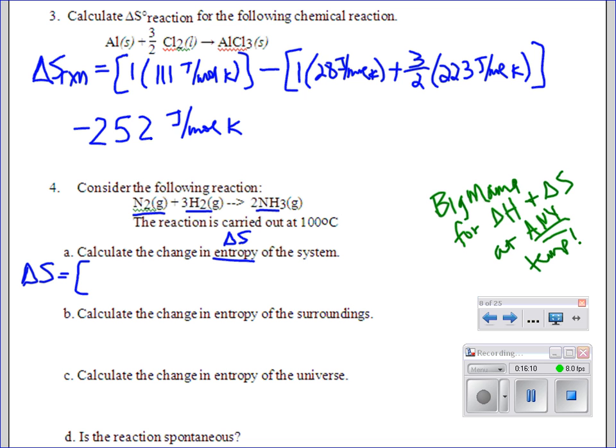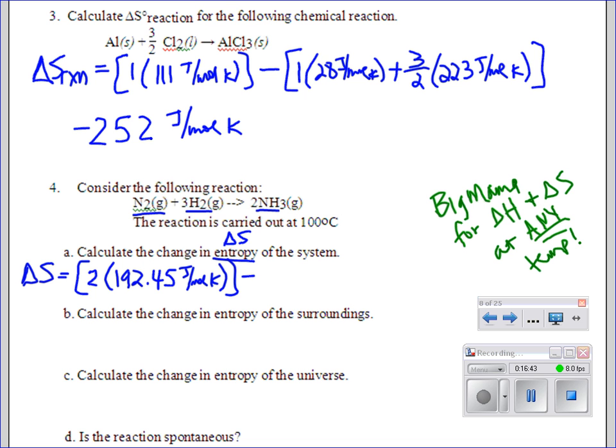First is, I don't know if this number came out right. There's 2 ammonias. Is it 111? Oh, I'm looking at the wrong problem. Where am I? Oh, there I am. 2 times 192.45, and this is joules per mole K. Okay, that's products minus reactants.